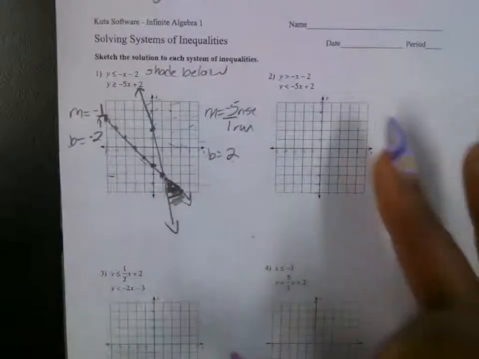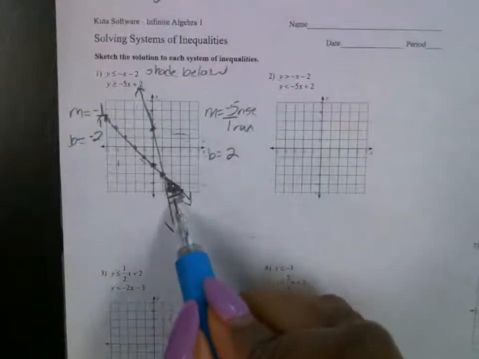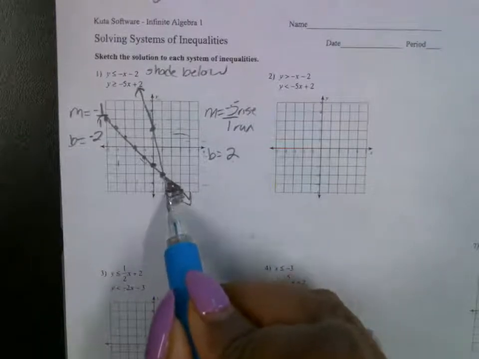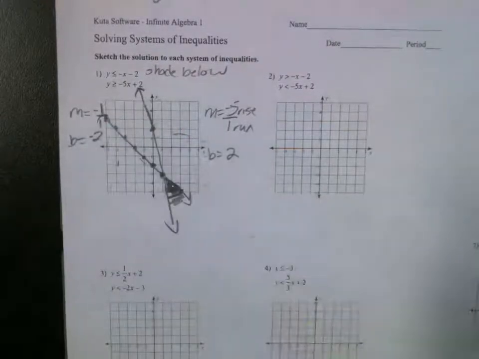And this is where the two lines overlap. If it doesn't overlap, then there's no solution to this system. But wherever they overlap, these points that are in this shaded region and that are on the solid lines will make both of these systems true.